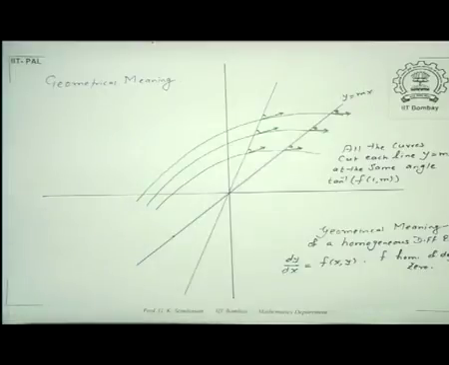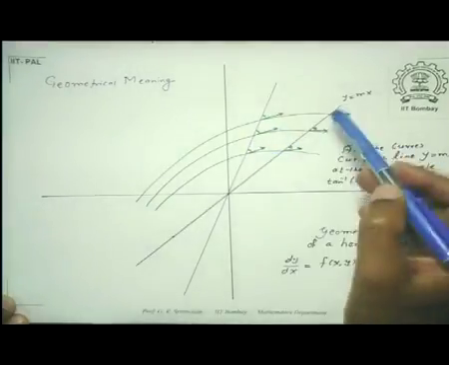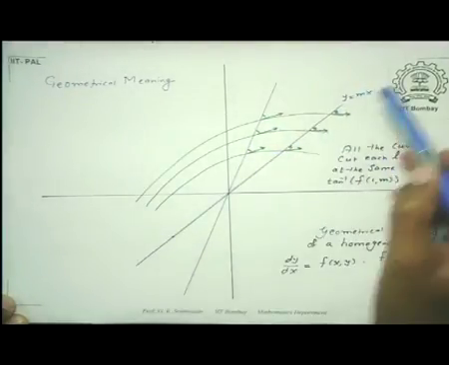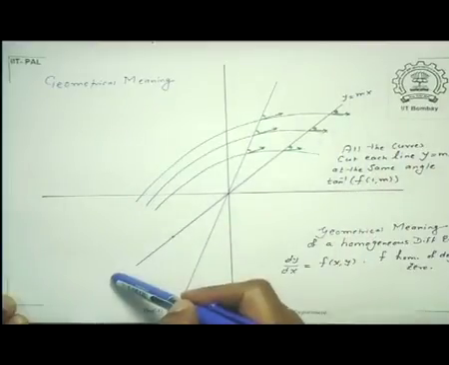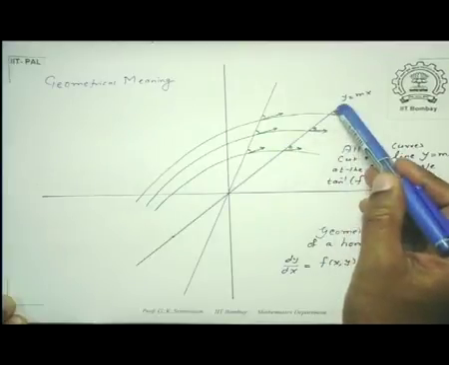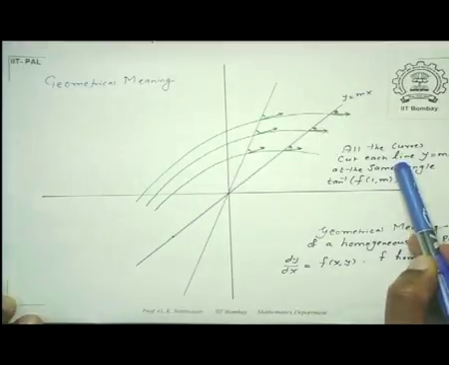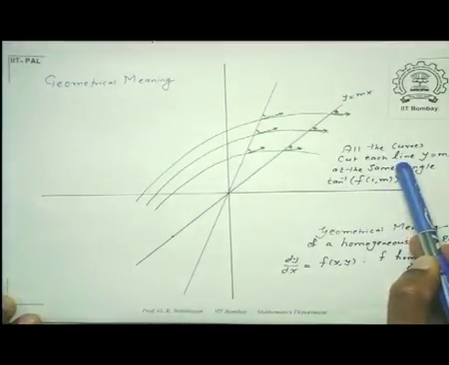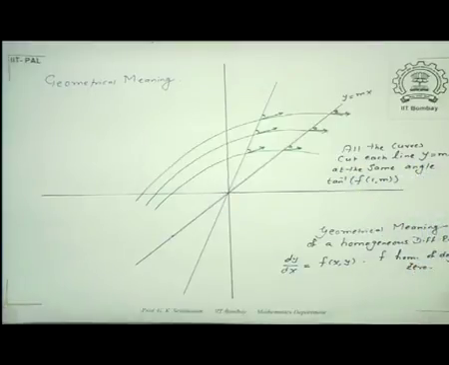The angle of intersection is exactly the same for all the curves. Or take another line. These curves meet this line y equal to mx at these points. These angles are all the same. So all curves of the differential equation cut each line y equal to mx at the same angle.